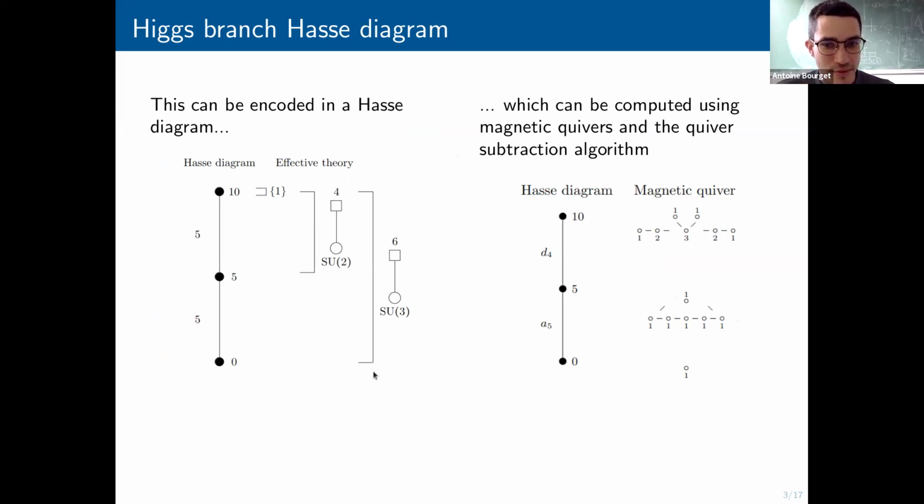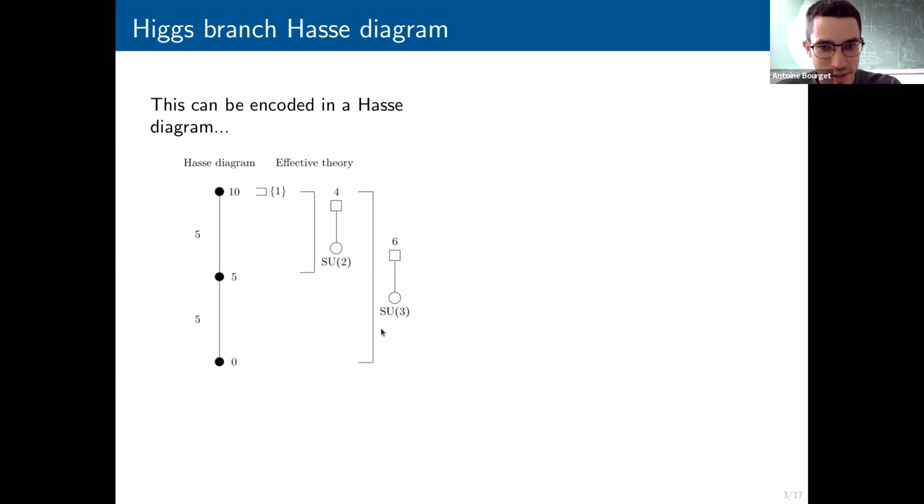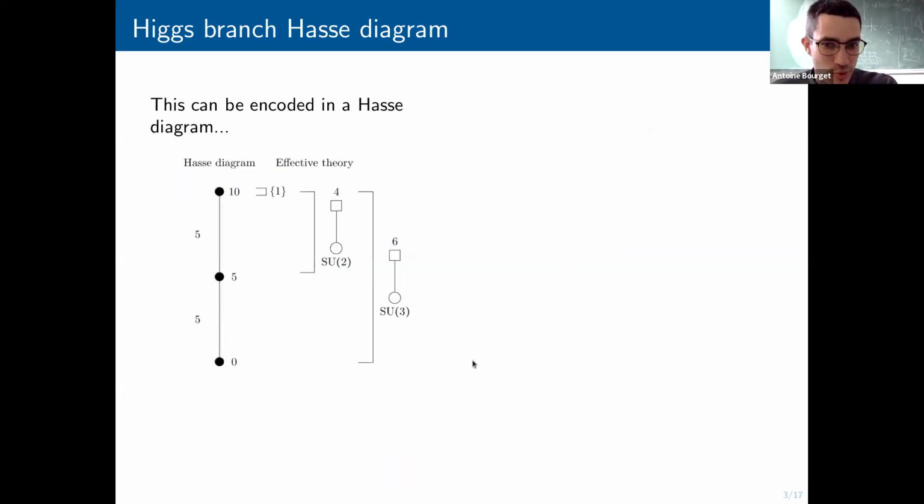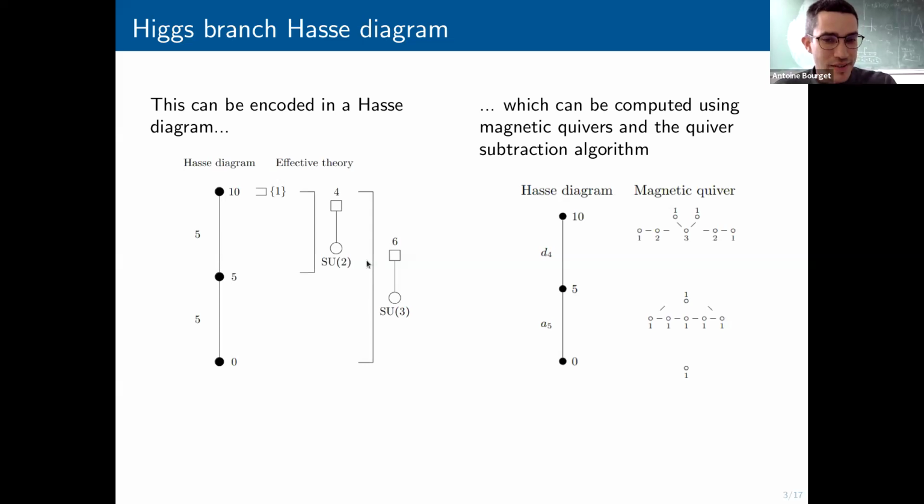You start from the SU3 theory, and then the Higgs theory is the SU2, which is the transverse slice between this locus and this locus. In the first slide, this was the blue line here. But you see, you never get the magnetic quiver for this blue line, which would be an affine D4 quiver. You never get this by doing quiver subtraction.